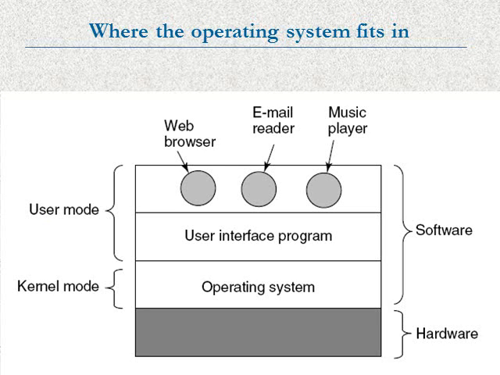So here we have a diagram that elaborates how the operating system fits in our perspective in computing systems. Over here at the bottom we have the hardware. It contains the processor, RAM, or any other devices that we interact with.